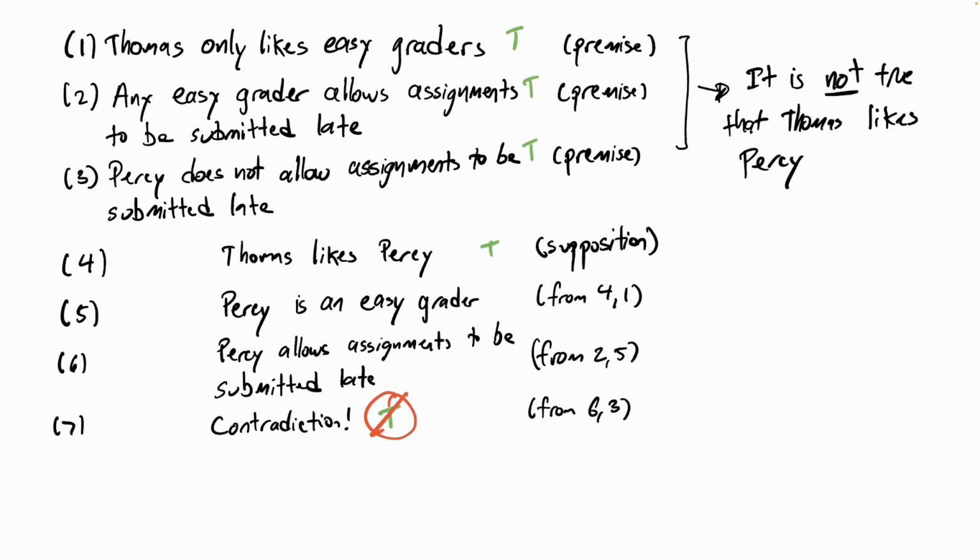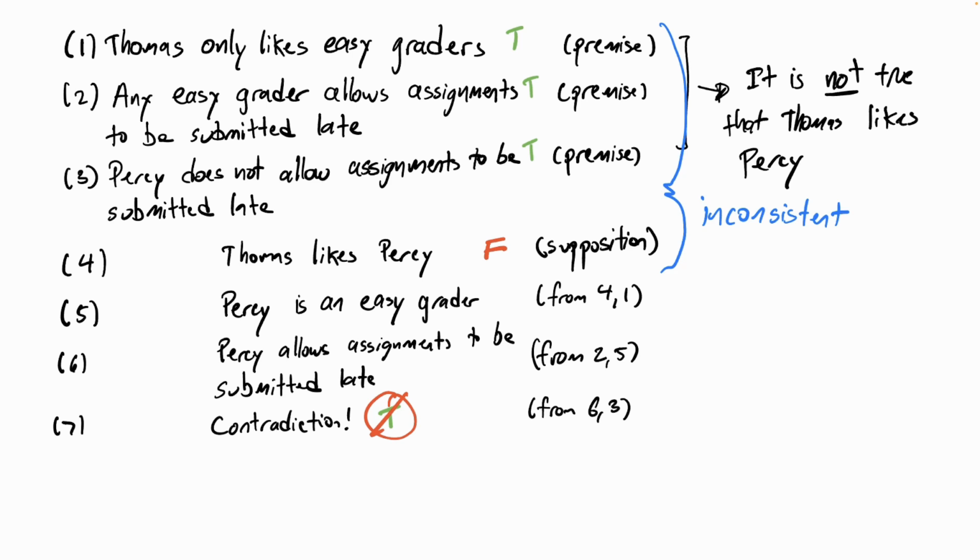But if they cannot all be true together, if they make up an inconsistent group of propositions, as logicians would put it, then in any situation where the three premises were true, the statement that Thomas likes Percy would have to be false.